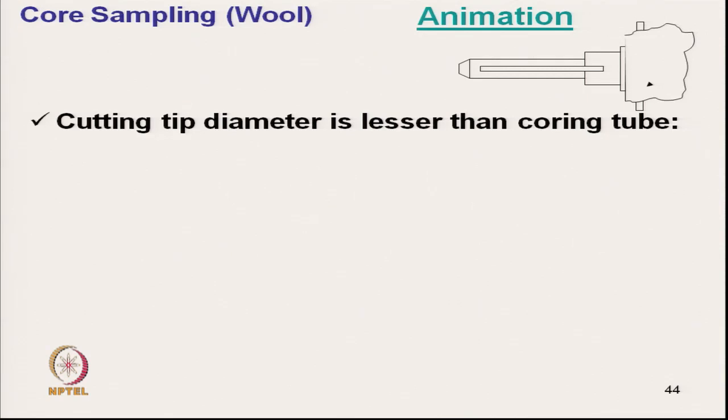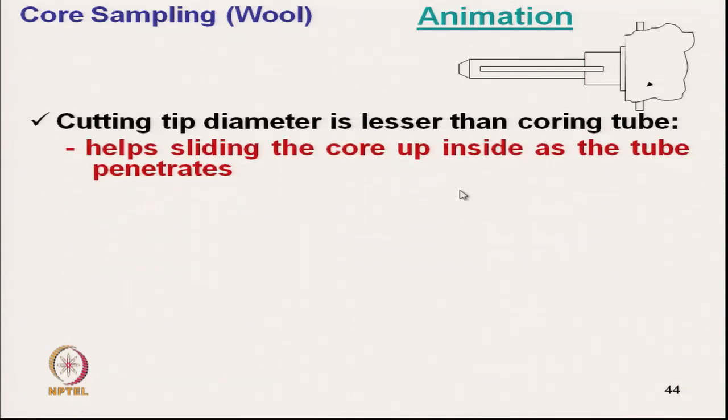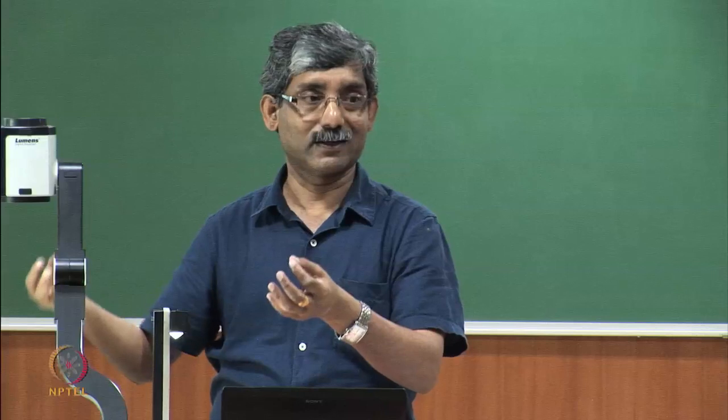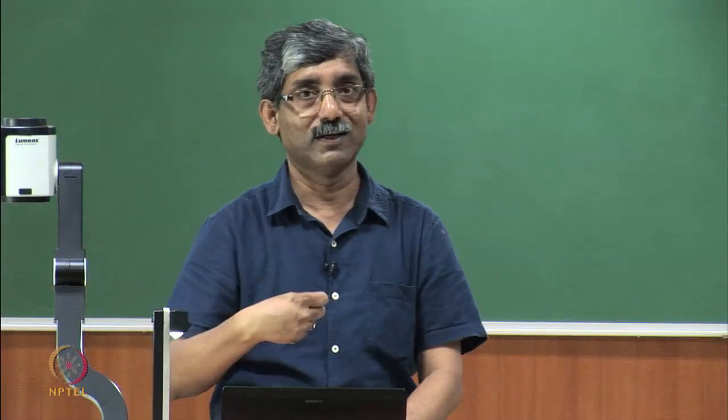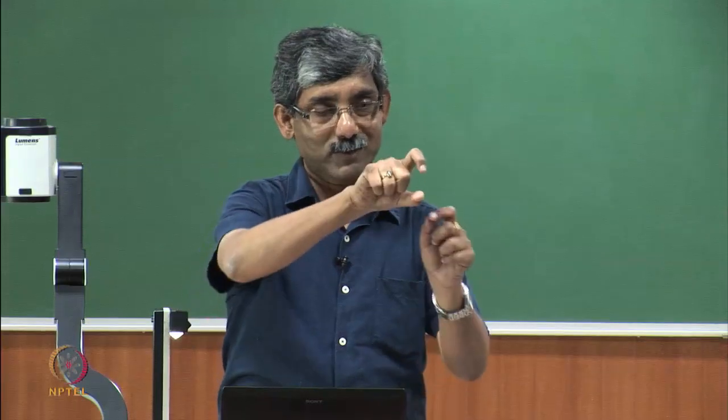The cutting tip diameter is less than the coring tube diameter. The advantage is that it helps the sliding of the core, the core meaning the wool fiber cut by the cutting tube. When it is pushed, the fibers are cut and it forms a cylindrical core.